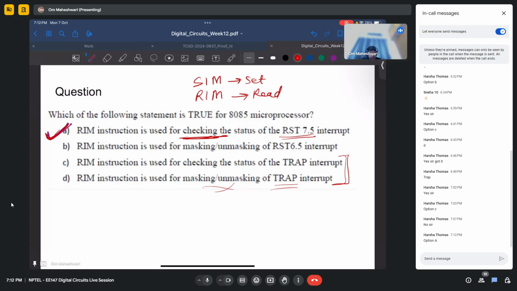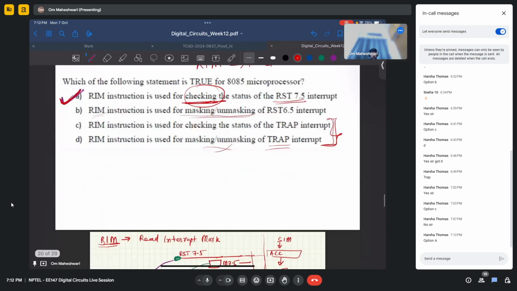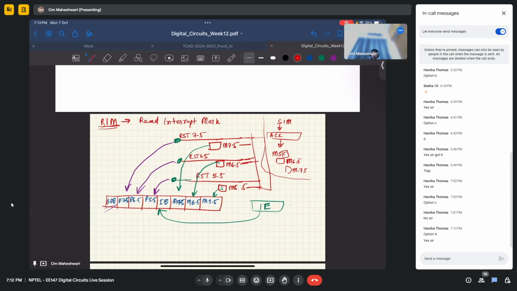So this does not make sense. And we are again not masking or unmasking with RIM. We are just checking. Is this clear to all? Okay.